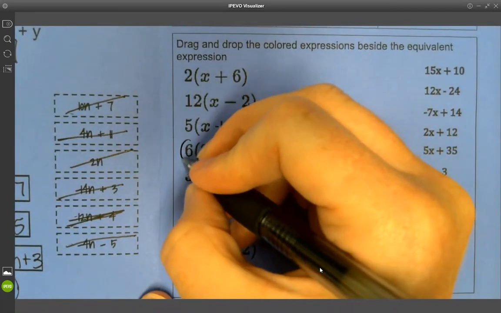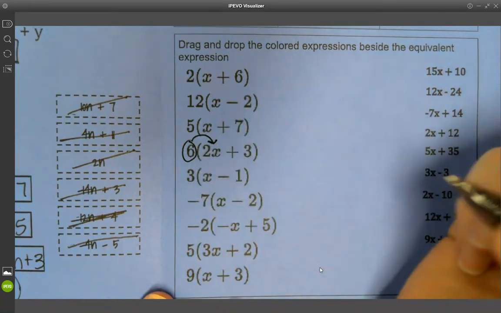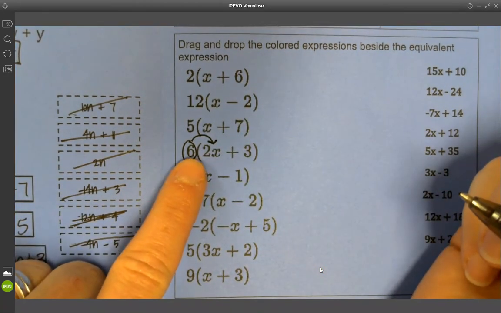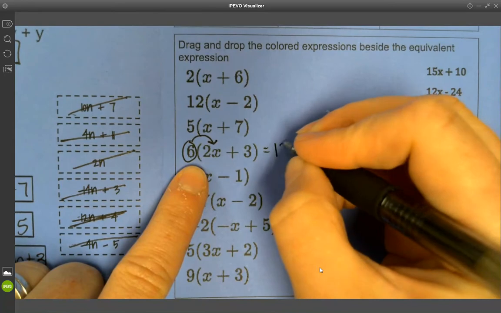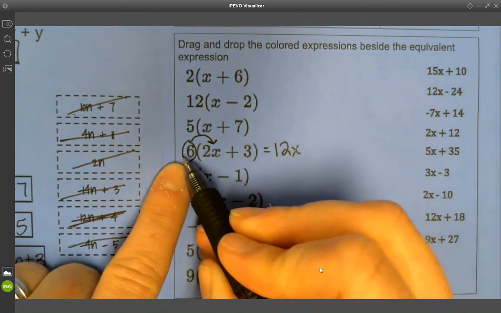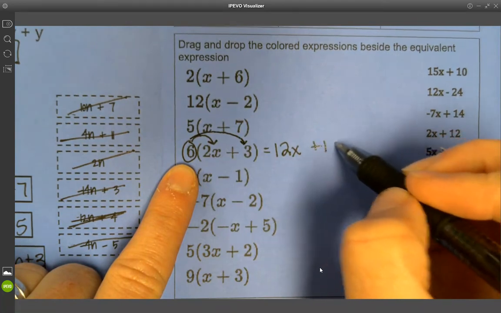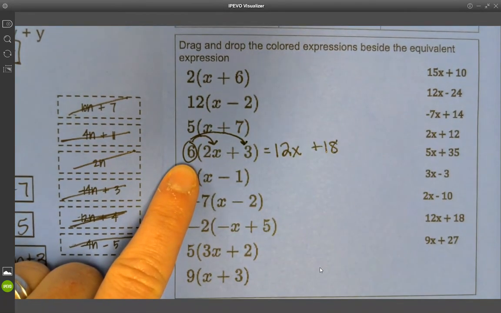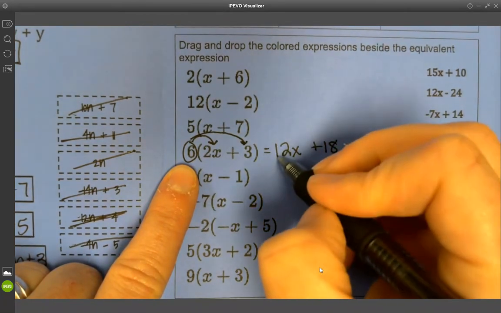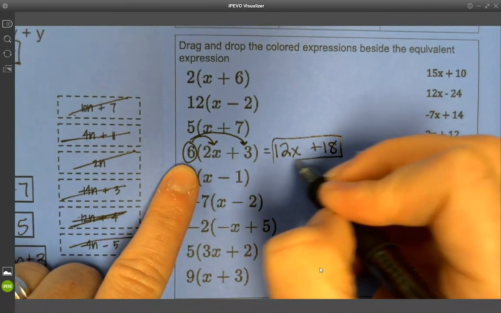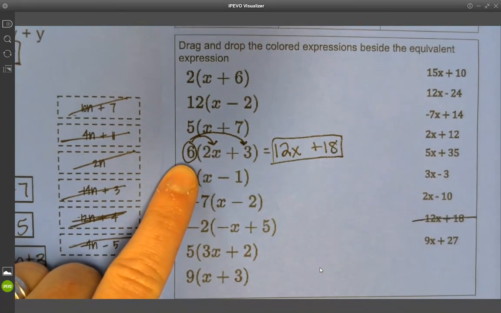I'm going to multiply the 6 times the 2x. So 6 times 2x, 12x. And the 6 times the 3 now, plus 18. Let's see, is that somewhere on the right side? Yep. Mark it out.